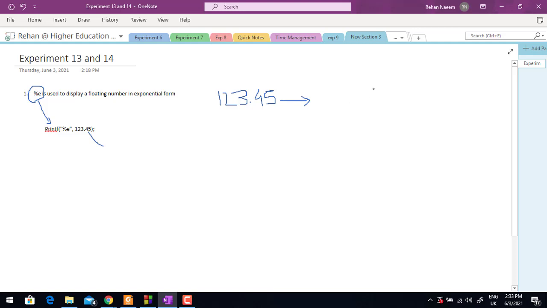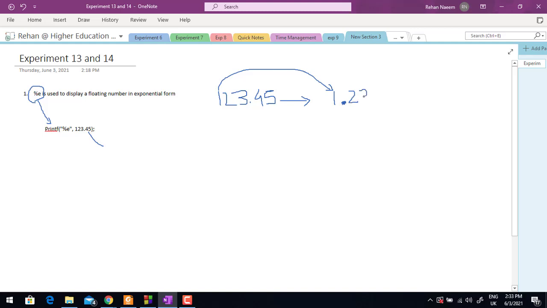Exponential form means it will display this number as a floating number with a decimal point, and there will be only one digit at the left hand side of the decimal point and 6 digits after the decimal point. So this 1 is already written over here. We have 4 more digits, 2, 3, 4 and 5, that will be displayed at the right hand side of the decimal point.